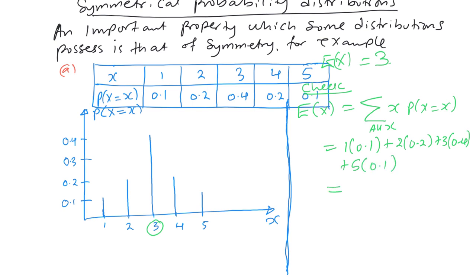If you multiply this and add, you end up with 3 as the answer. So if you are dealing with a PDF and you discover there is symmetry about a particular x value, that x value becomes the mean.